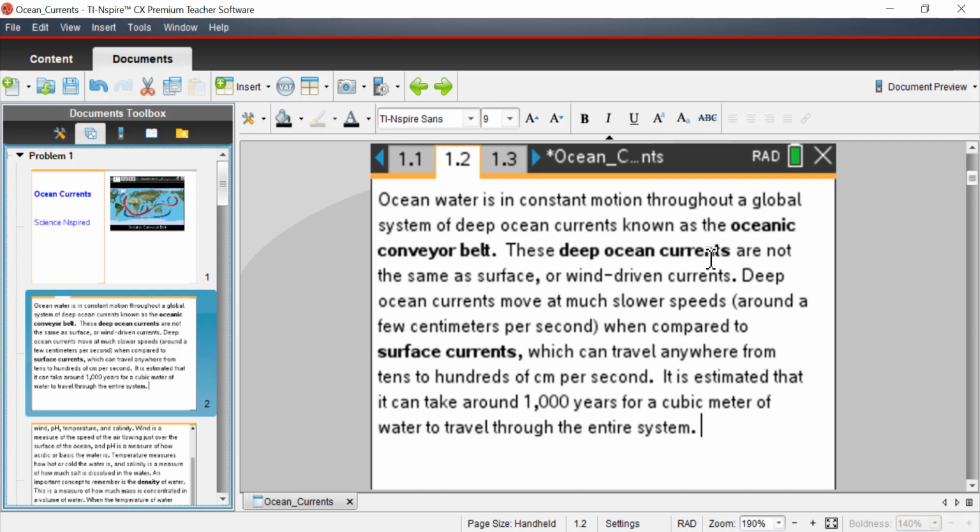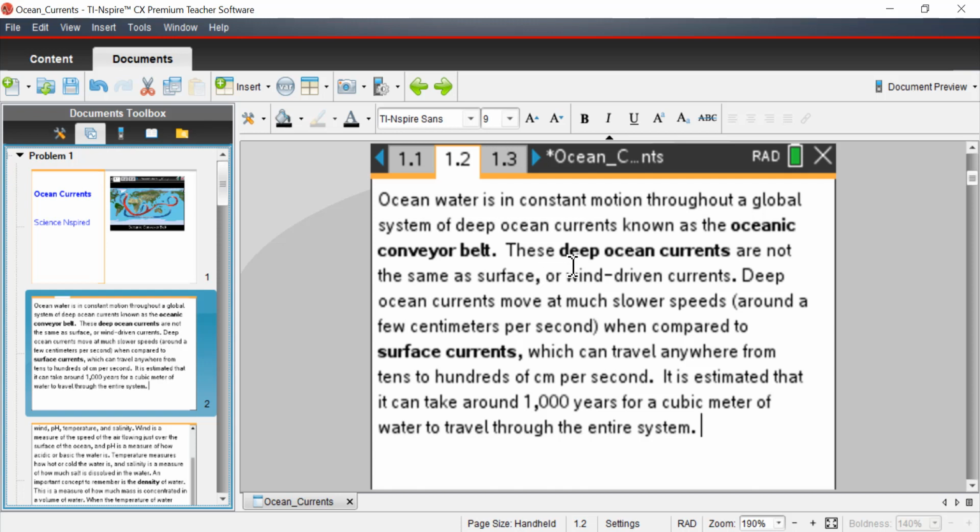The deep ocean currents are not the same as surface or wind-driven currents, and these are what you're probably most familiar with. Maybe you've seen a movie of a person on a surfboard with a big sail attached to it. They're windsurfing because there's so much wind at the beaches that they can catch a ride on the water with the wind pushing them.